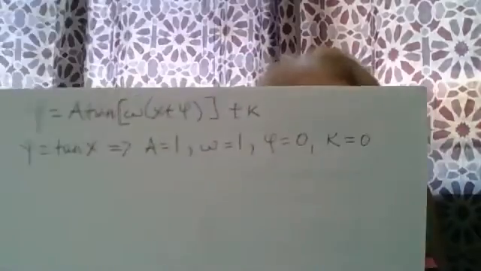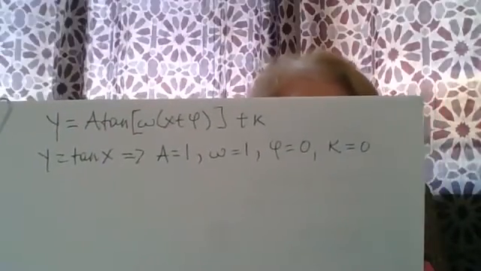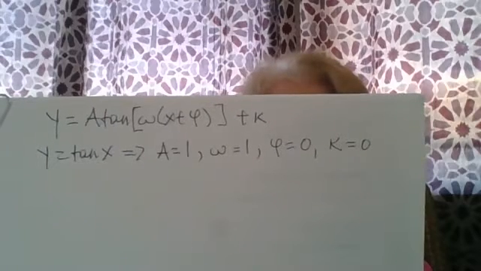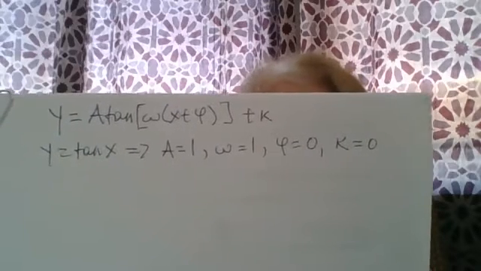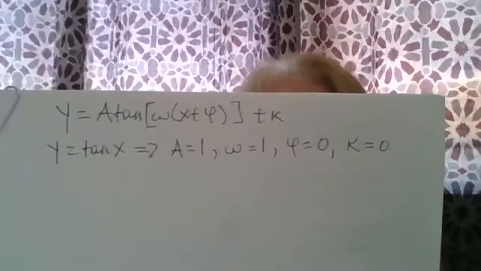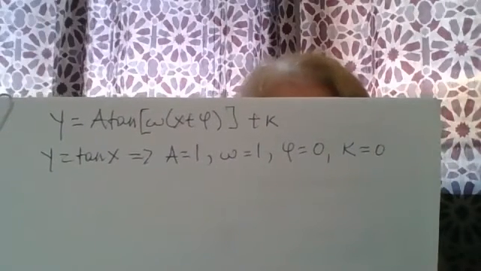But again, only two families have amplitudes. If, let's say, we write down y equals tangent x, to identify these parameters, A is equal to 1, omega is equal to 1, phi here is equal to 0, k is equal to 0. Even though we have a value for A of 1, I cannot say anything about the amplitude, because tangent x and all other tangents do not have amplitudes.